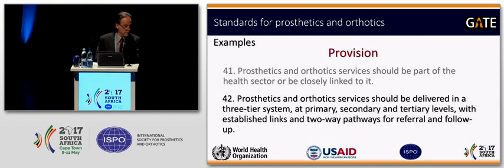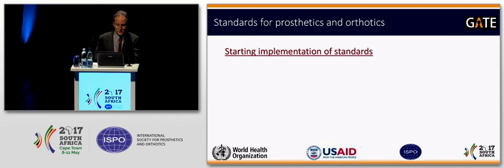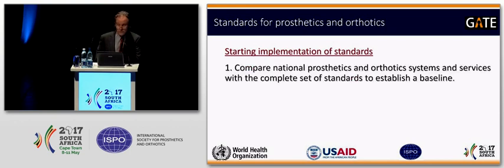So, to just come to the end of this presentation, the way forward, how do we look at this? Well, the starting point would be to audit the situation in countries and compare the systems and services that are in place with the standards that we present in the document, to establish a baseline that can be measured against later on.